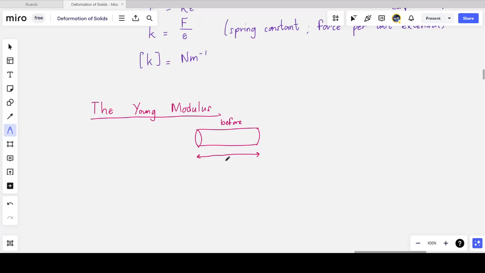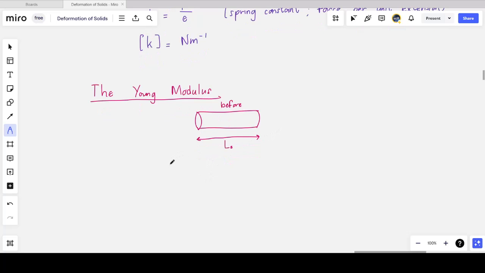Its original length, we'll call it L0, its natural length. But I then apply some, and obviously this is an exaggerated diagram, some tensile force, and what I find is that the length of the cylinder increases.